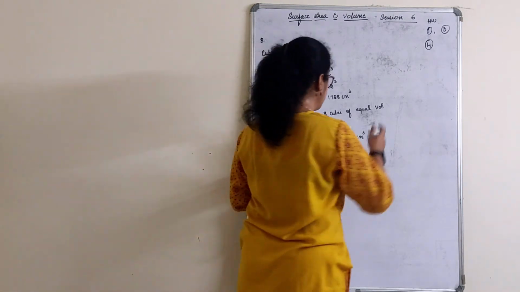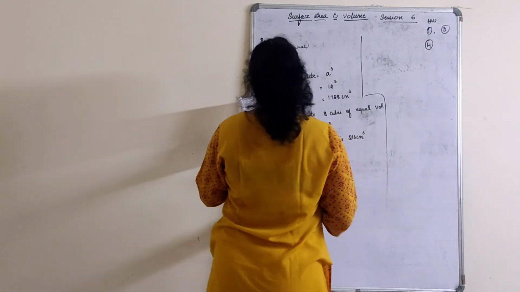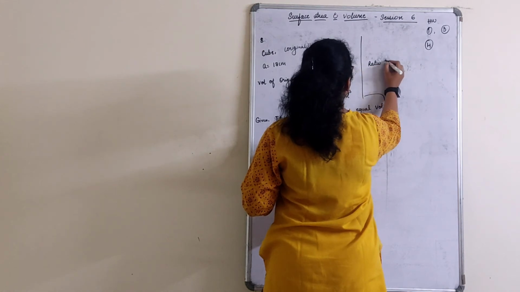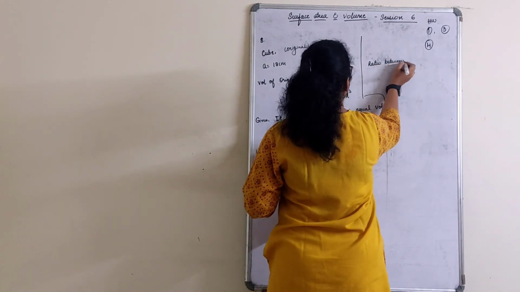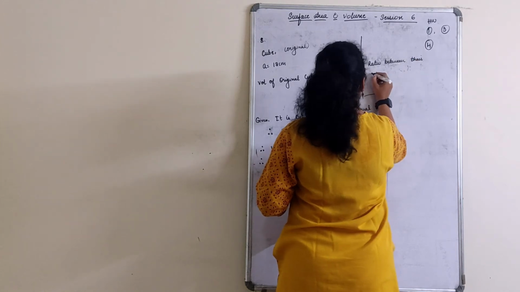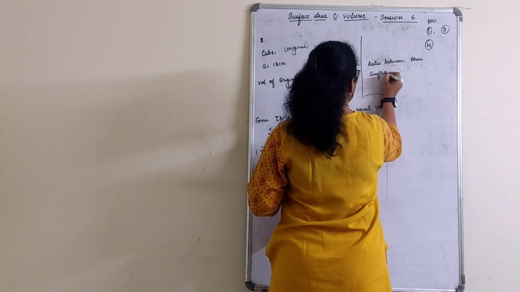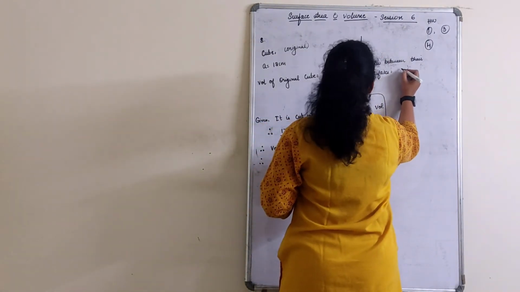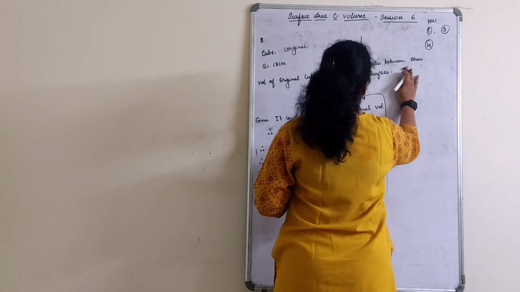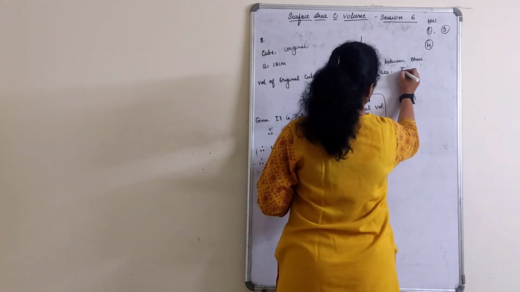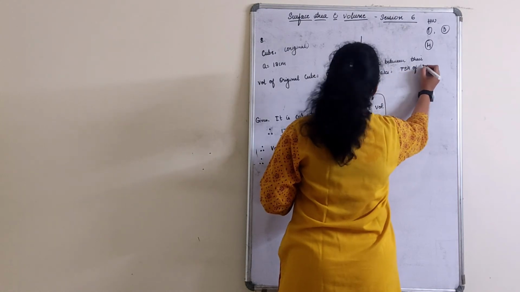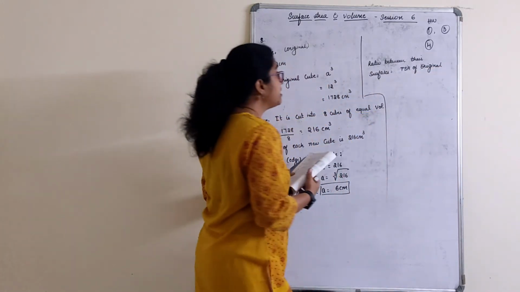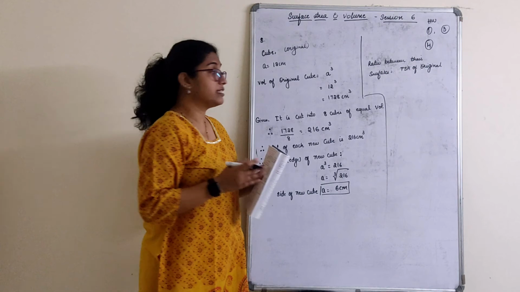Now next, what they have asked here: find the ratio between their surfaces. So their surfaces means total surface area.